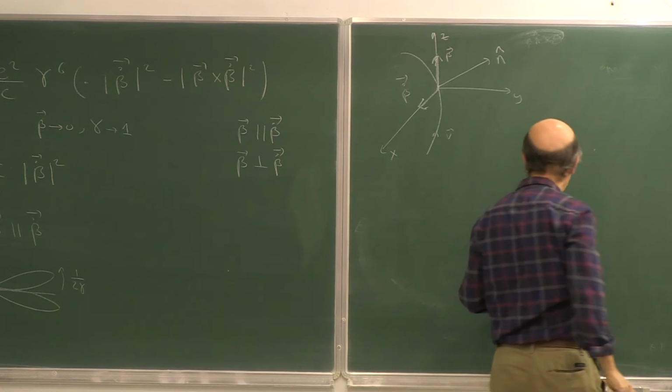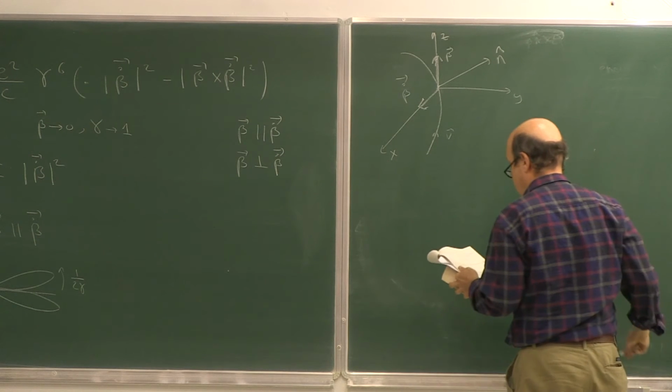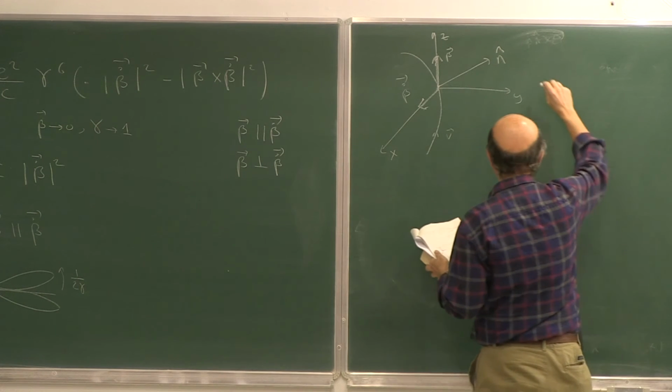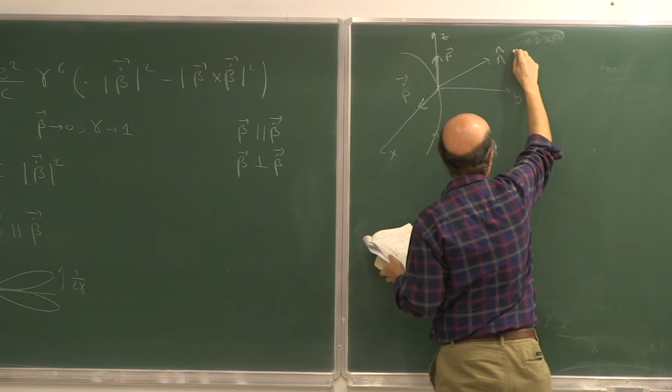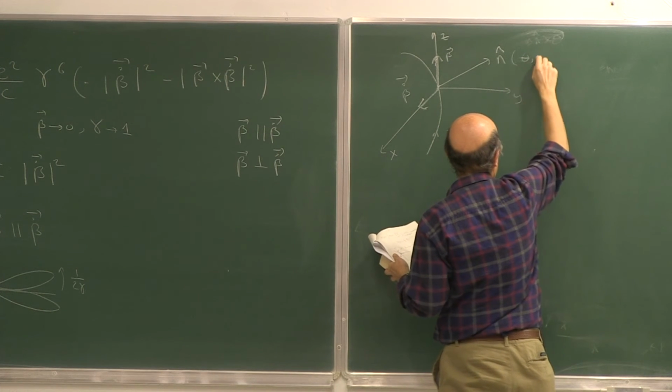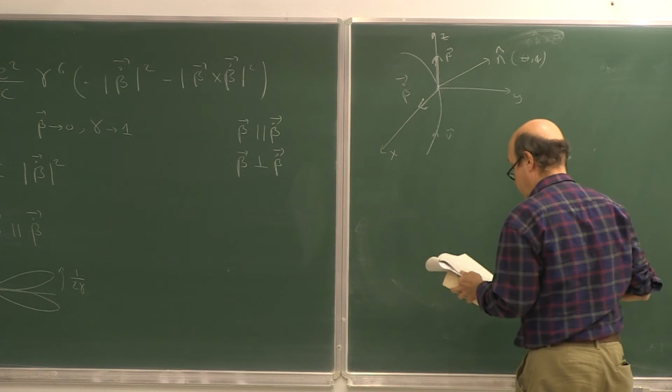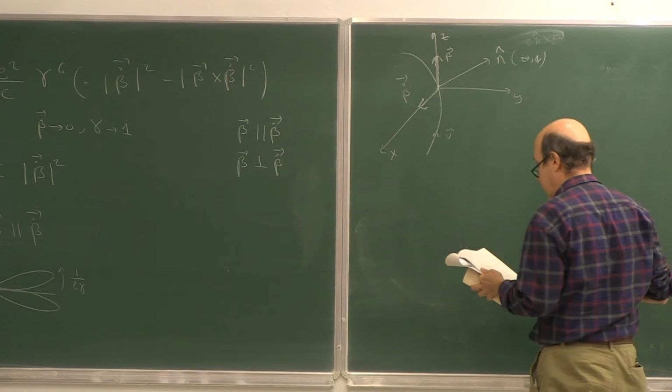and we are looking at the radiation at any point n. Basically n hat is the following, with theta and phi the angular spherical coordinates.